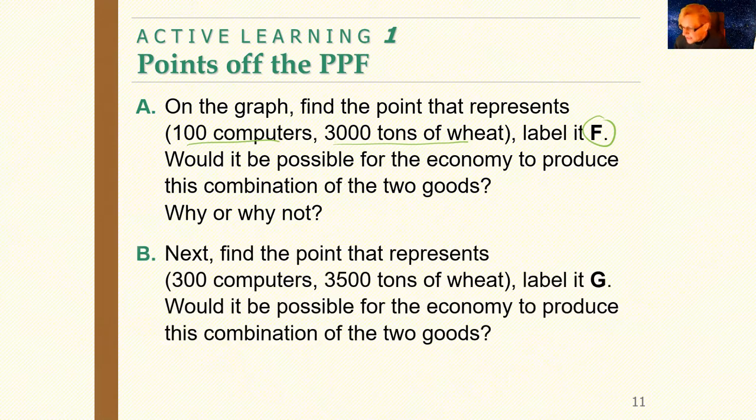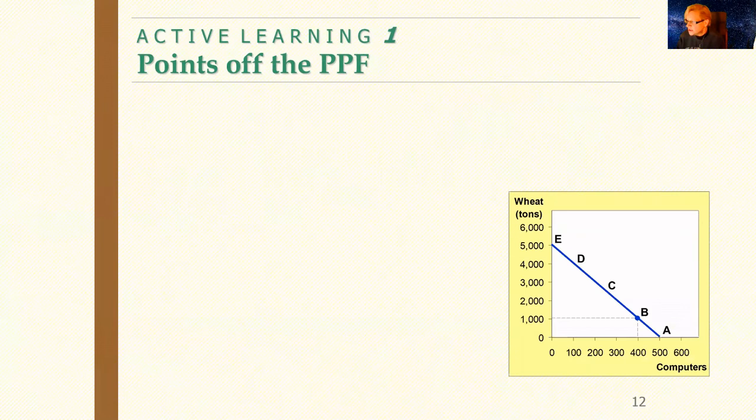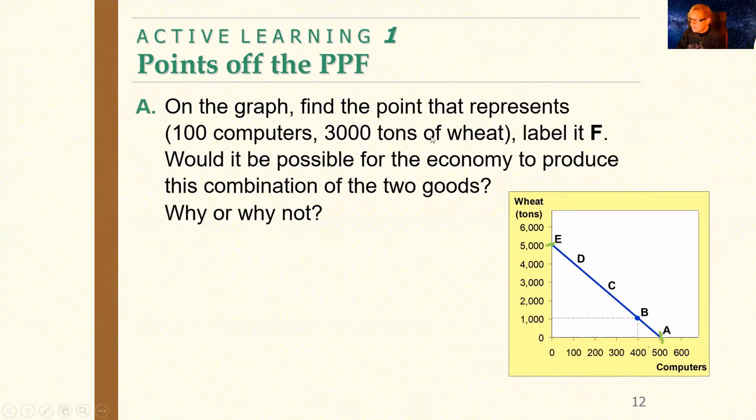Our next question will say, find the point that represents 300 computers and 3,500 tons of wheat, and label it G. So here's our little chart, with A through E. Remember, I just picked those endpoints, and we've calculated the opportunity cost already. So let's take a look at our first question.